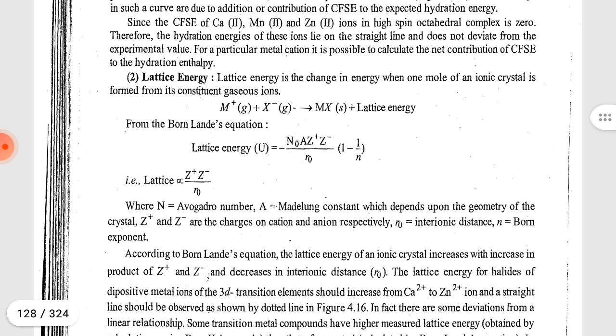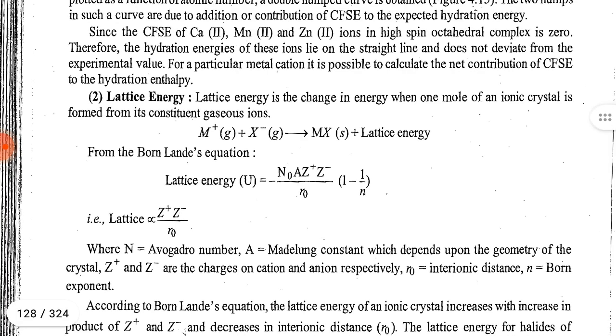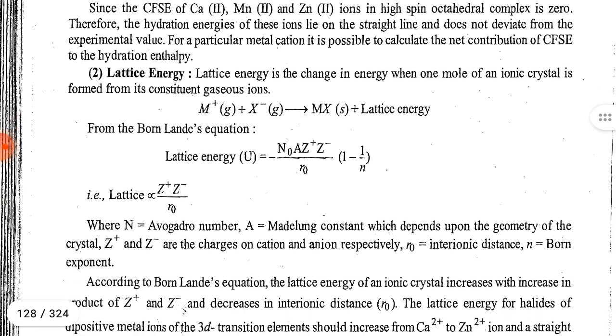Since the CFSE of Ca2+, Mn2+ and Zn2+ ions in high-spin octahedral complexes is 0, the hydration energy of these ions lies on the straight line and does not deviate from the experimental value. For a particular metal cation, it is possible to calculate the net contribution of CFSE to the hydration enthalpy.